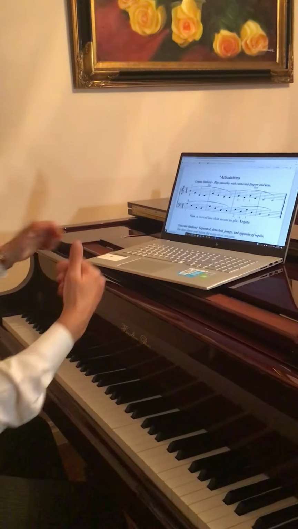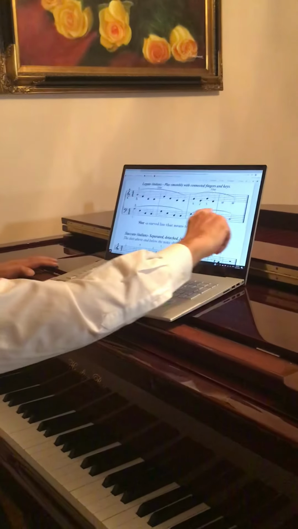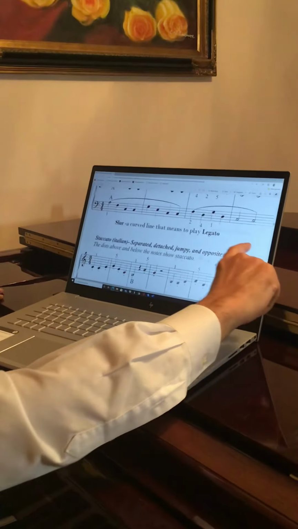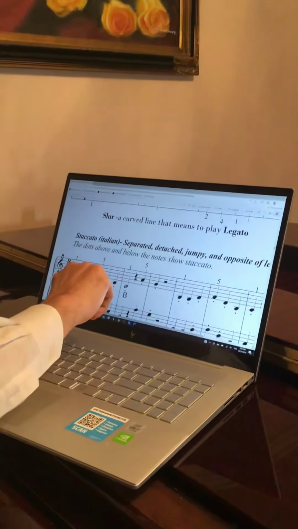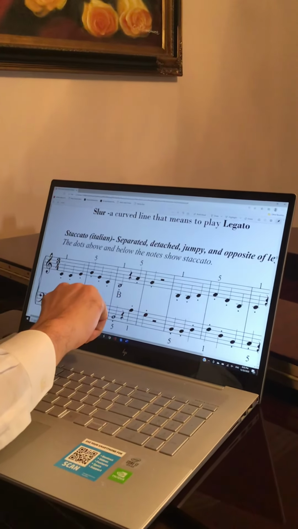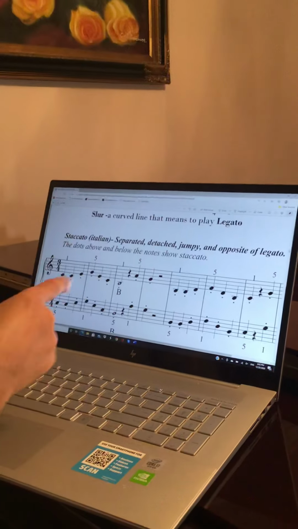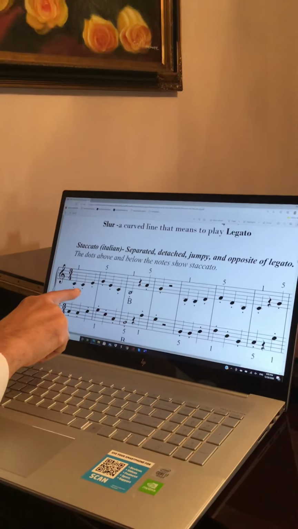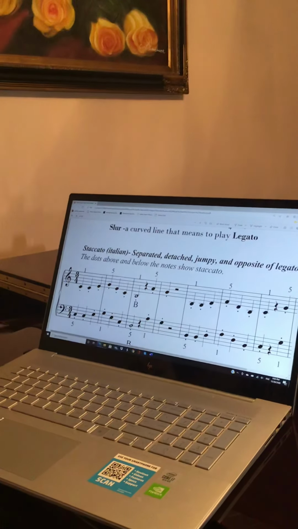That means legato. Opposite of legato, we have the staccato. Now, what does staccato mean? How can we identify the staccato? You see the notes and the small dots below the notes. That means the staccato.